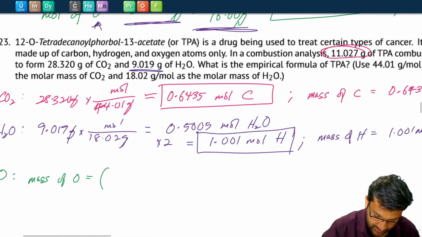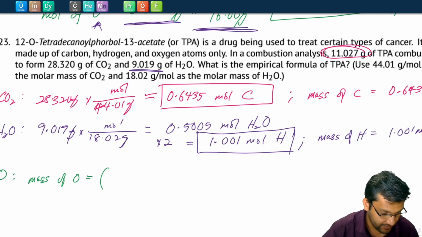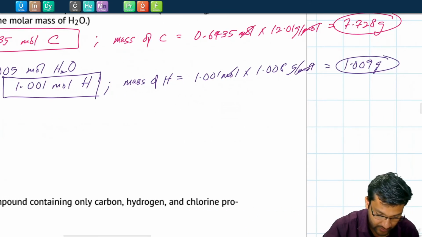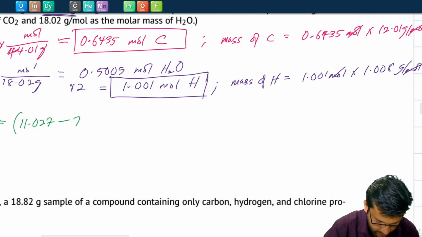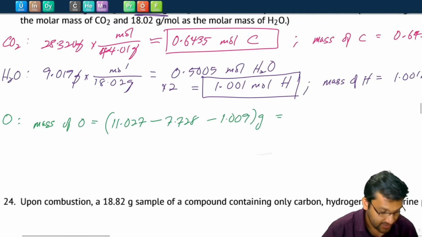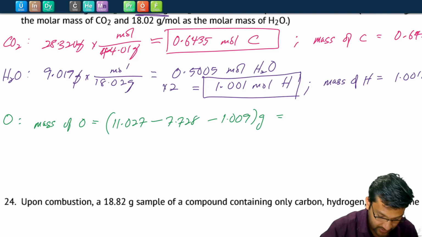So if we want to figure out the mass of oxygen, we take the total mass. Again, total mass here was 11.027. 11.027 minus the mass of carbon, which is 7.728, minus the mass of hydrogen, which is 1.009. All of these are grams. So the mass of oxygen comes out to be 2.290 grams.